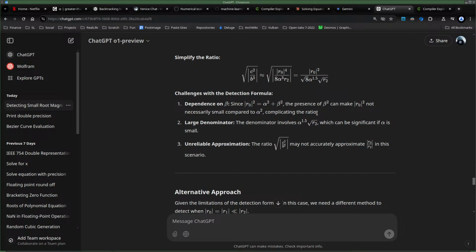Yeah, that is true. So if the absolute value of beta is much larger than the absolute value of alpha, alpha can be arbitrarily small. So you could theoretically be dividing by 0 here. So that would blow this thing up arbitrarily.